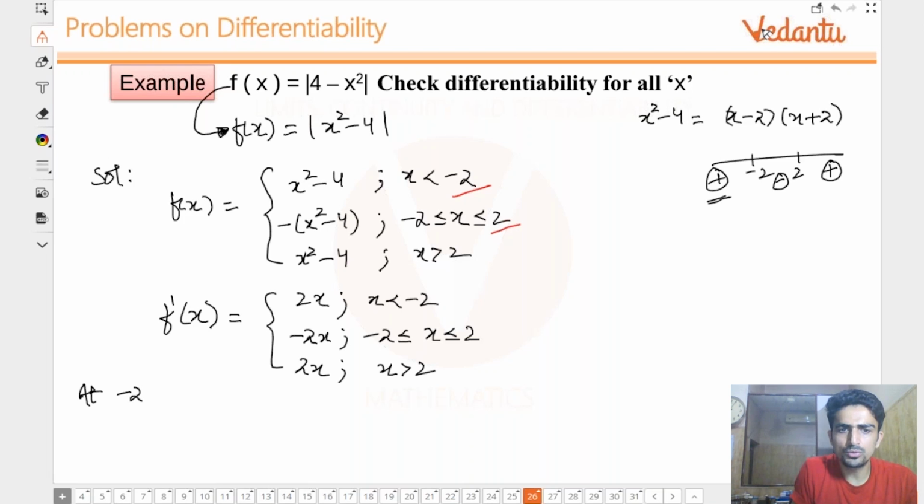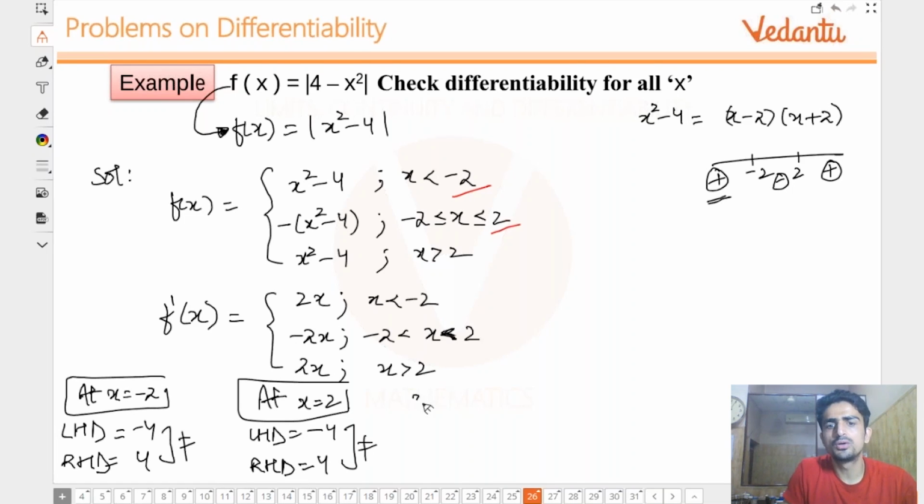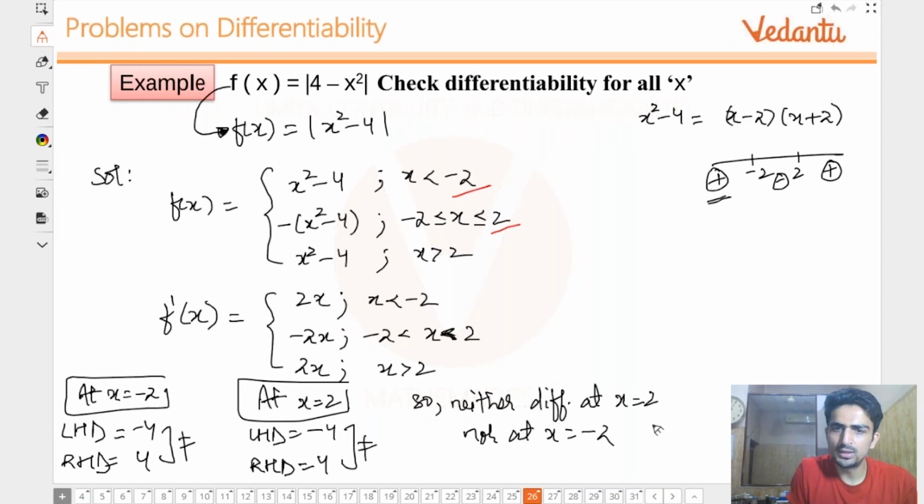At x equal to 2, my left hand derivative is -4, my right hand derivative is +4. Again, they are not equal, so it is neither differentiable at x equal to 2 nor at x equal to -2. Elsewhere there is no problem at all.